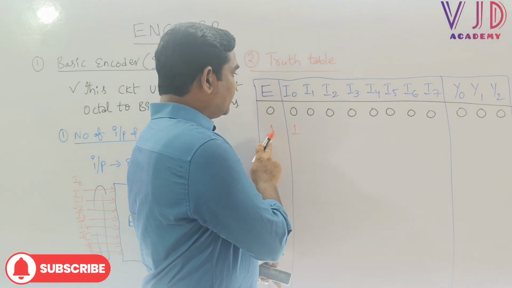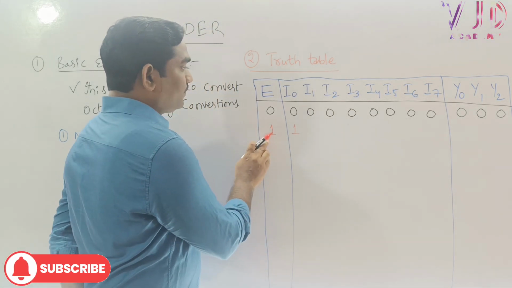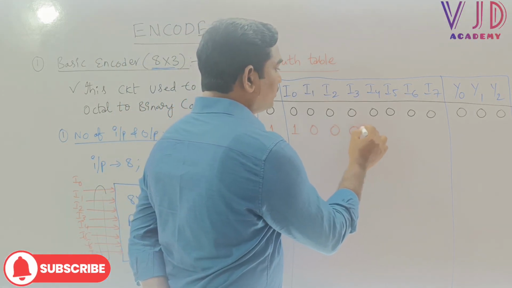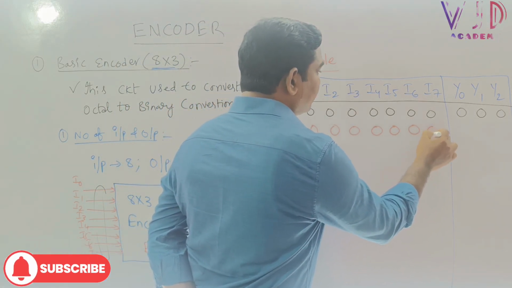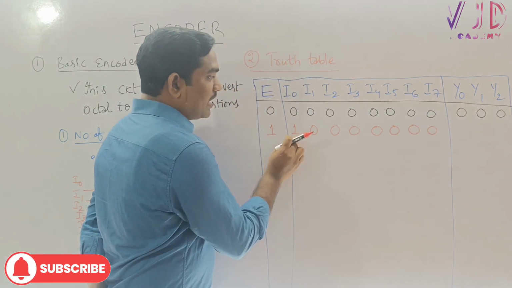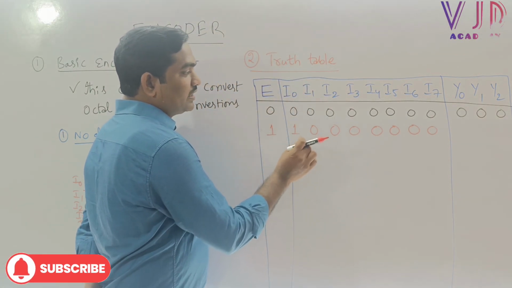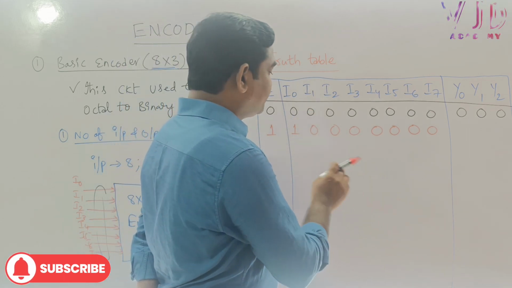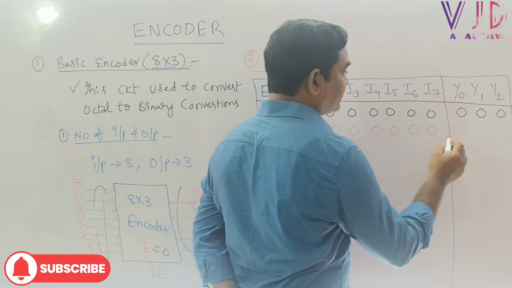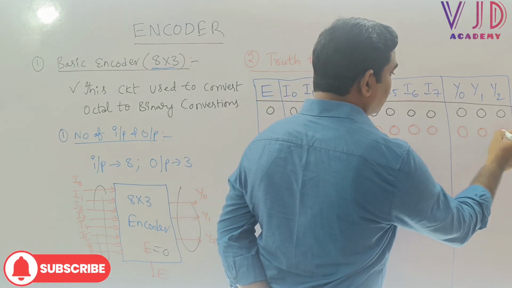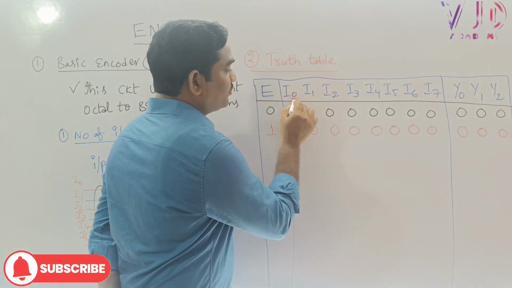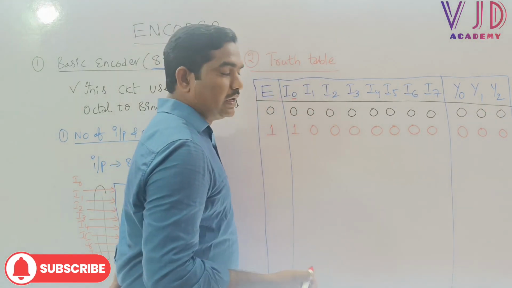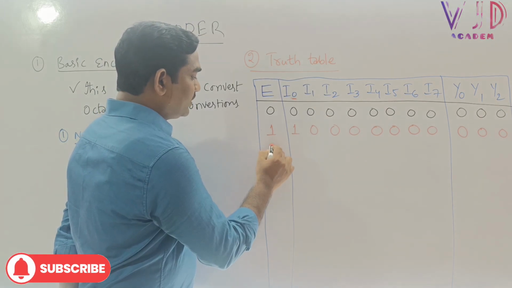Now here the moment, the first thing enable is 1, so that I0 is enabled, all remaining will be 0. The moment when I0 is transferring, I0 is converting octal data to binary, which means here I0 position is 0, position 0's binary data is 0, 0, 0. And now coming to enable input is 1.